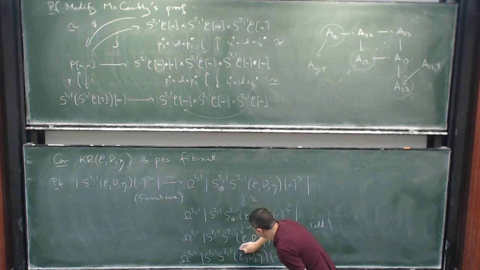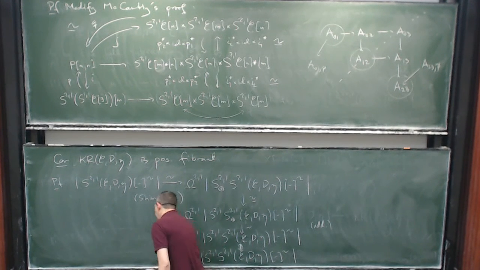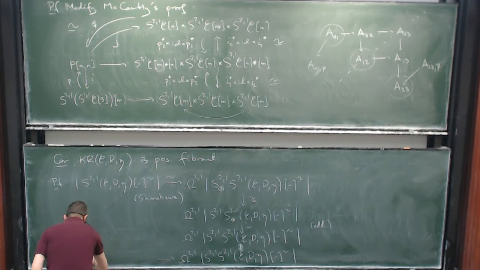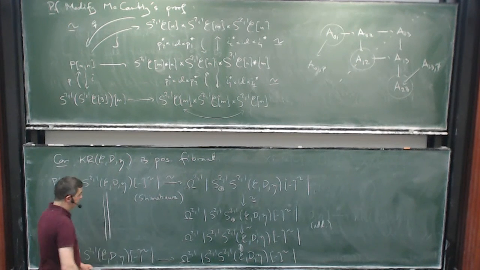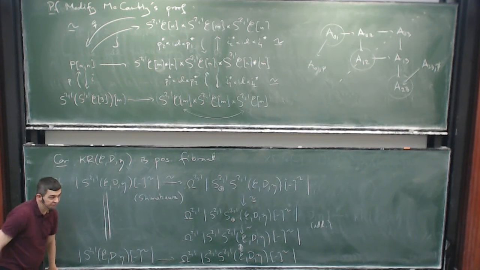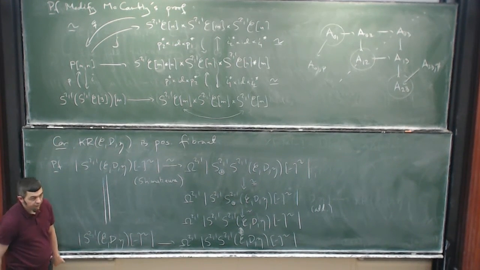Maybe let me write this arrow in the opposite direction. And now here's the map we wanted to know is a weak equivalence. And yeah, so this way additivity proves the looping.